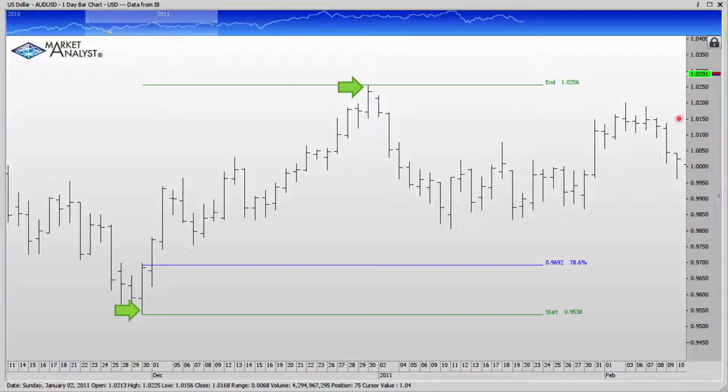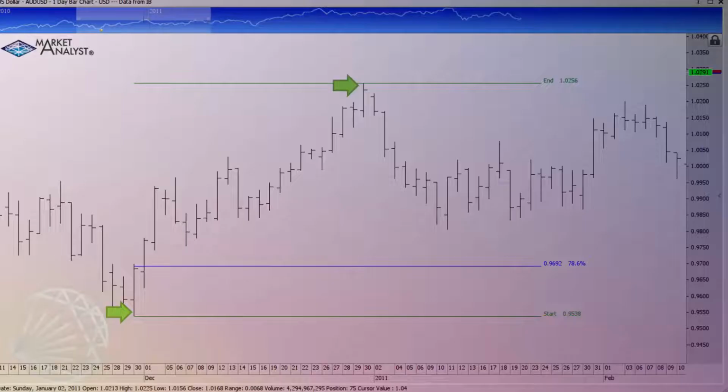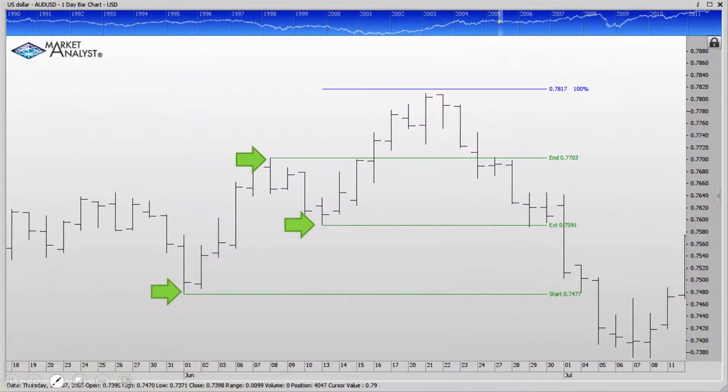Let's also look at the price extension technique. Here's an example of a price extension. Once again, the Australian dollar, starting from this low up to this high. We measure that range on the vertical axis, and we project that range from this low to give us our 100% price extension.